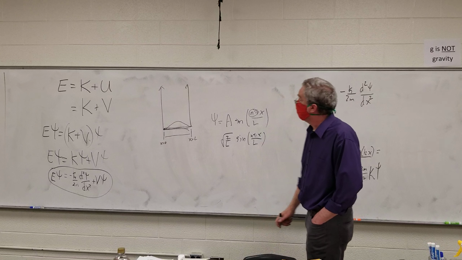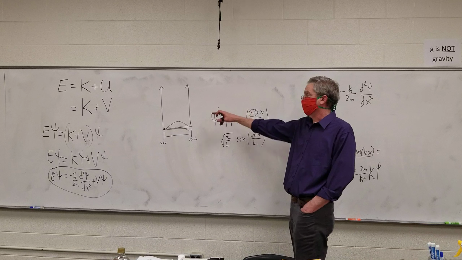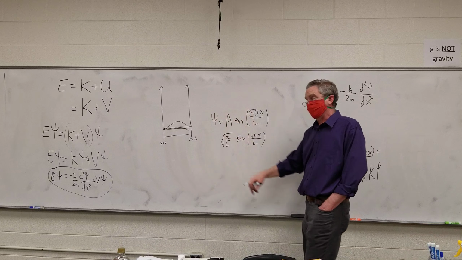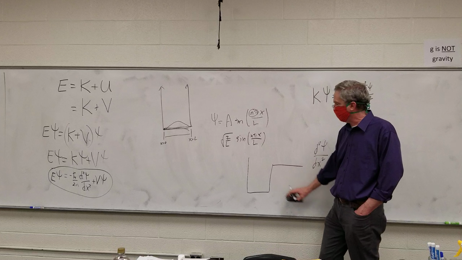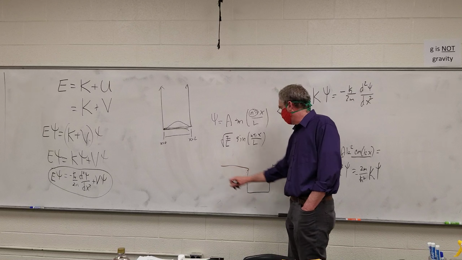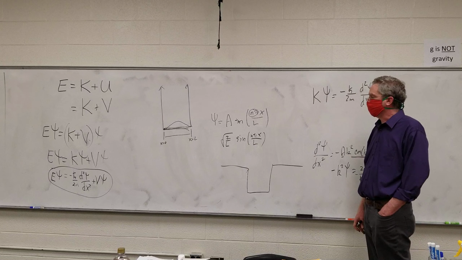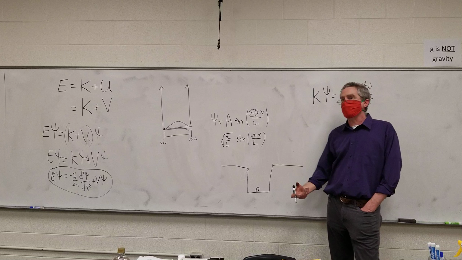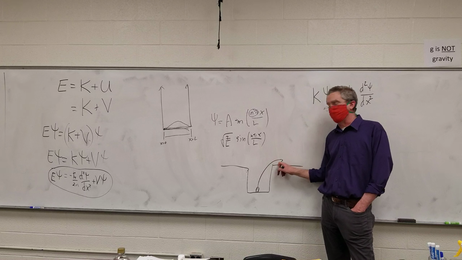Taking it one step further, let's not have the infinite square well. Let's have a finite square well, finite on both sides. So now the particle can actually physically exist outside of the boundaries here. Just imagine that you've got a square well and something inside of it. In classical mechanics, if it has enough energy, it can make it over.